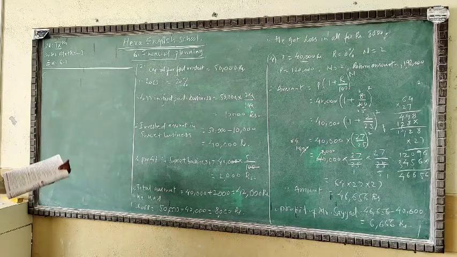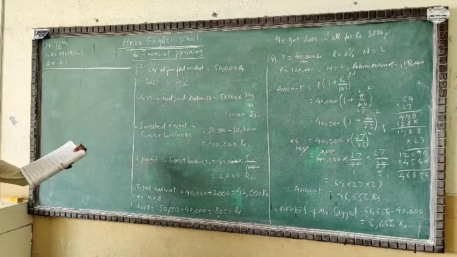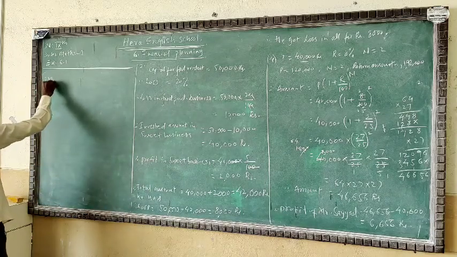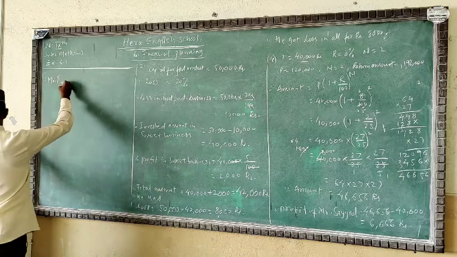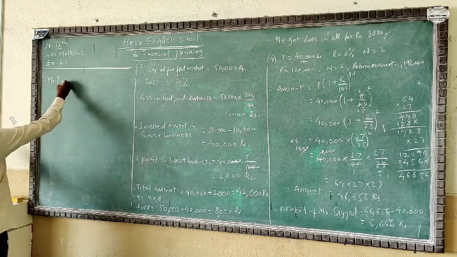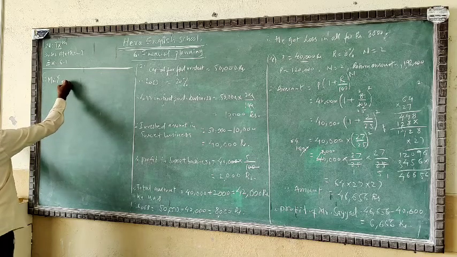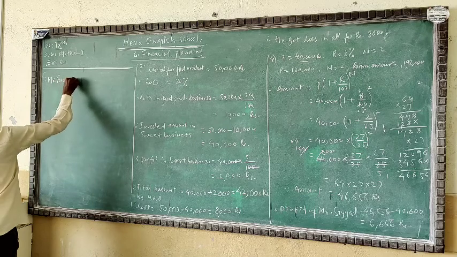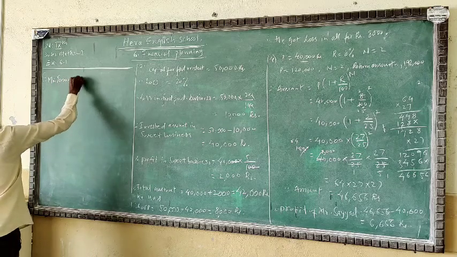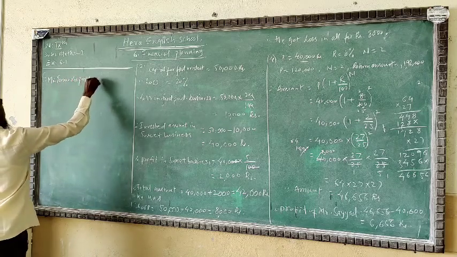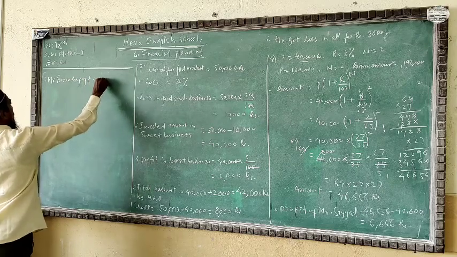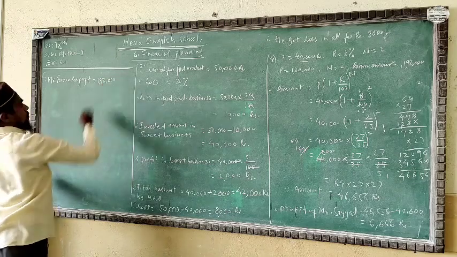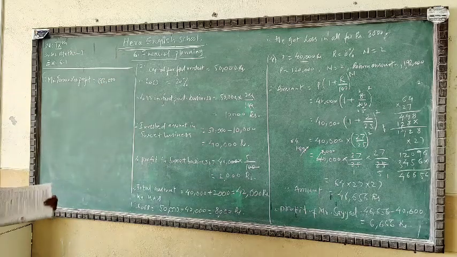Now continue here. See very well, everyone. Mr. Fernandez invested 1,20,000. We'll bring Mr. Fernandez's profit. After investing the amount, he got 1,92,000.